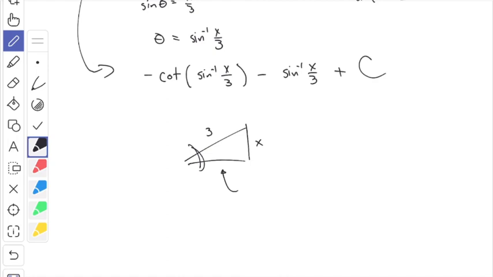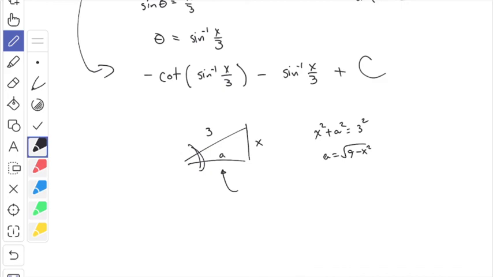What's that side going to be? If I call it a, then x squared plus a squared equals 3 squared, right? That's the Pythagorean theorem. And so we can solve for a here. This is the square root of 9 minus x squared.